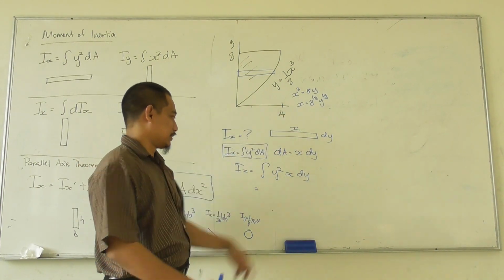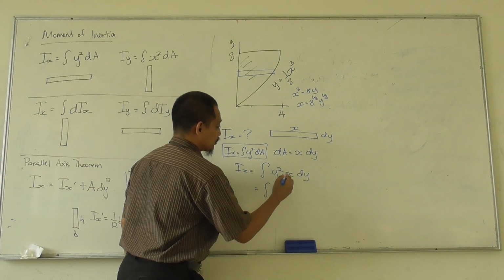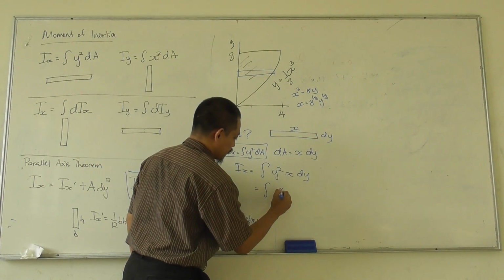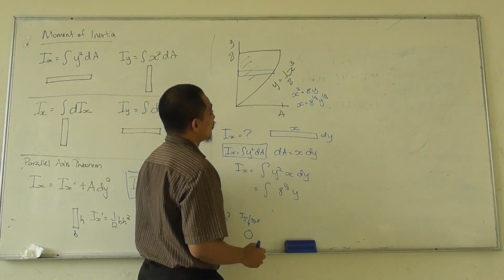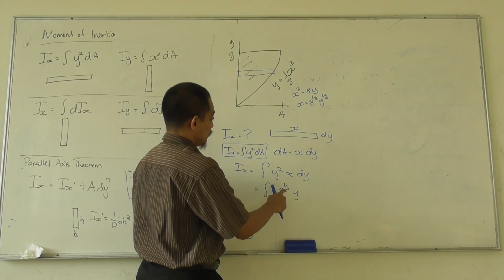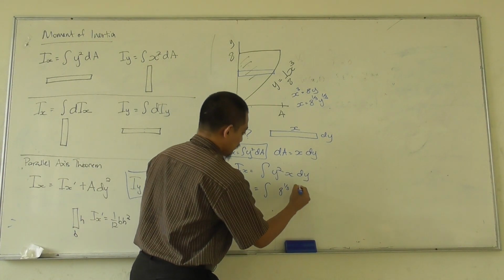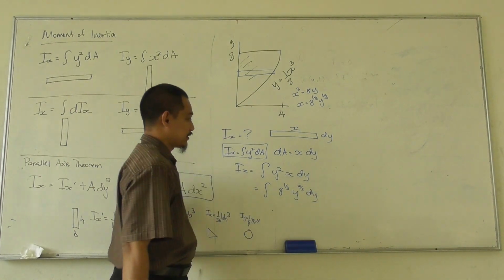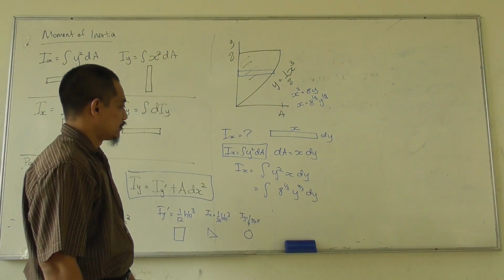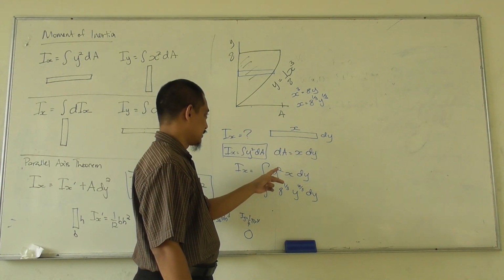Anyway, so you have this equation here, meaning y squared times this one becomes 8 to the 1 over 3, y to the 7 over 3 dy. Is that correct? So y squared and y to the 1 over 3, so 2 becomes 6 over 3, 7 over 3.